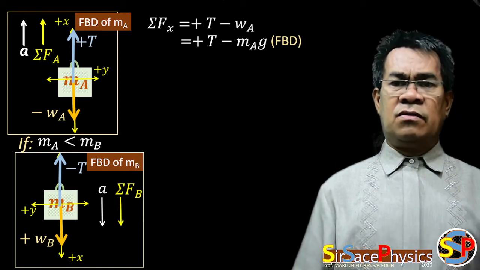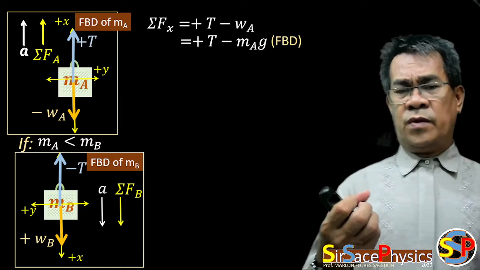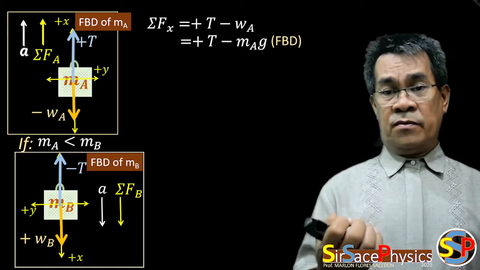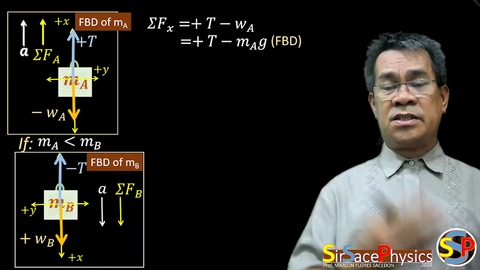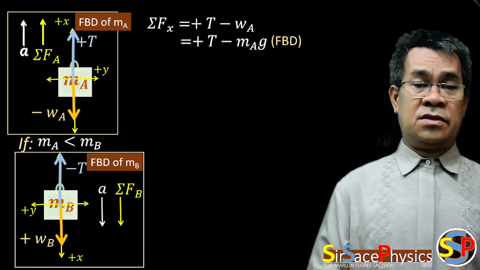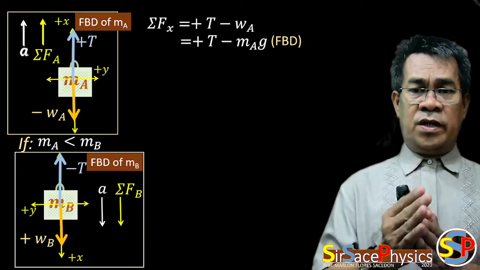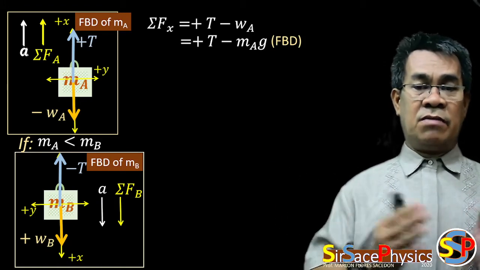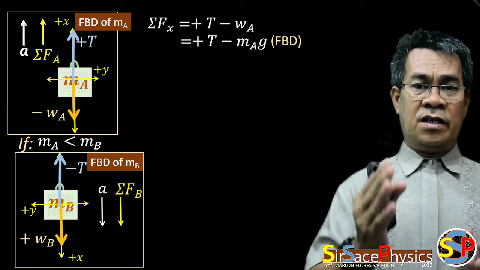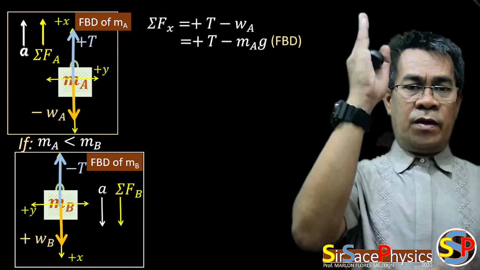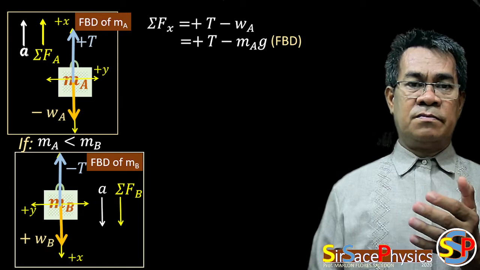Okay, now remember that we can also sum up along Y, but in that case, no need to sum up. Why? Because there are no forces acting along the Y-axis, so the sum is also zero. Meaning, there's no way that the particle will move sideways because there's no unbalanced force. The sum of Fy is equal to zero. So the tendency of the object is whether to move upward or to move downward.